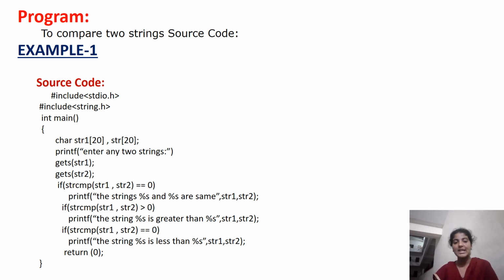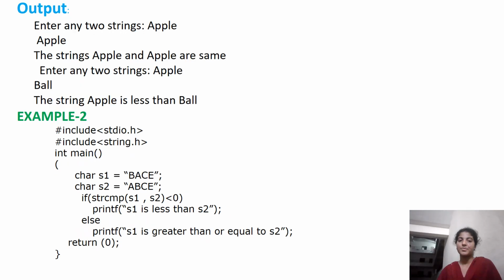If the comparison of string 1 and string 2 is equal to 0, it will print the strings string 1 and string 2 are same. If it is greater than 0, it will print string 1 is greater than string 2. If it is less than 0, it will print string 1 is less than string 2.